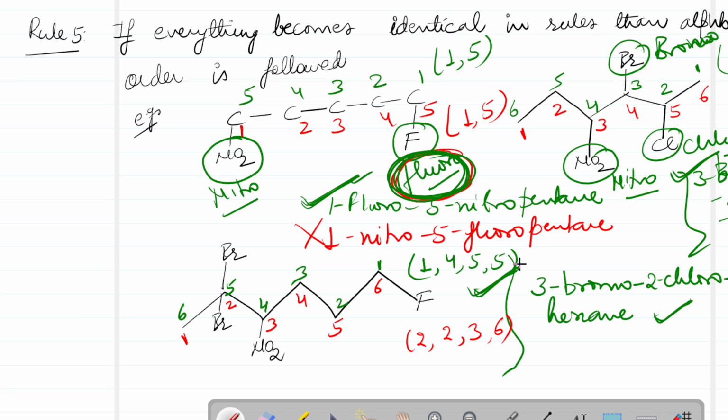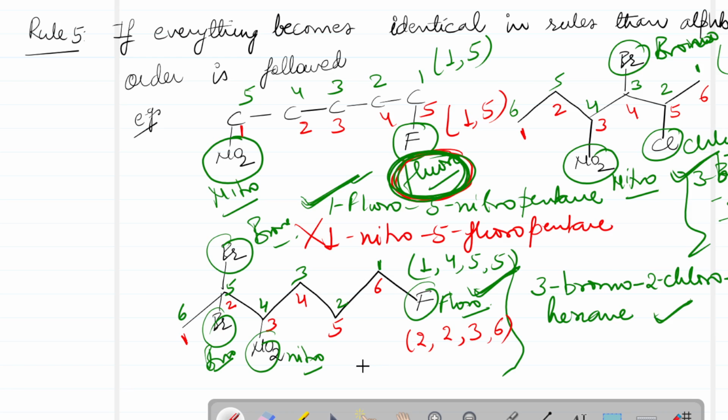So it would be 1-fluoro. It is fluoro, it is bromo, it is again bromo, and it is nitro. Now in the dictionary, which comes first, B or F? It is B. So I would be writing 5,5-dibromo.